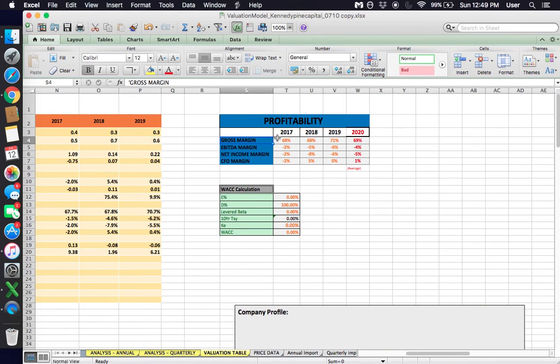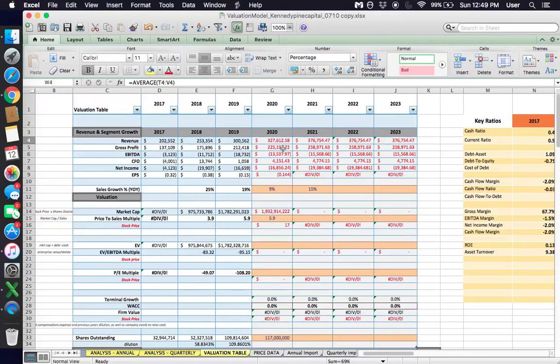So we have a gross profit margin of 68 and then 71, so the average is 69. And that's the number we use to calculate the gross profit for 2020 and for 2021. We use that 69% number, and the same thing and so on for every year.